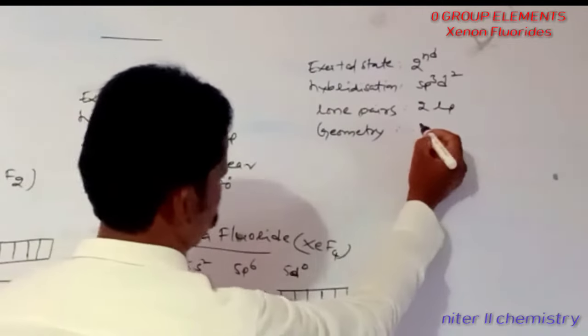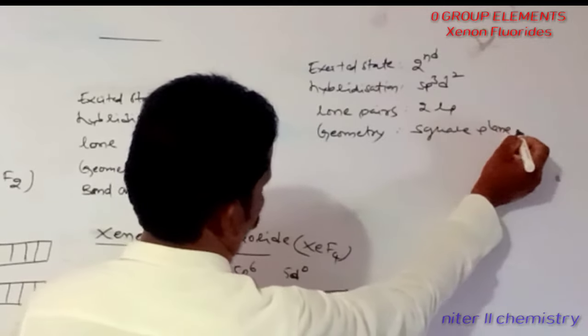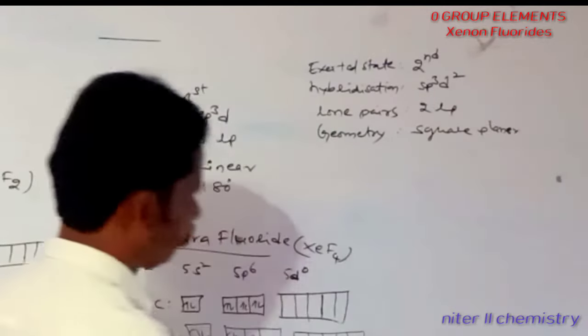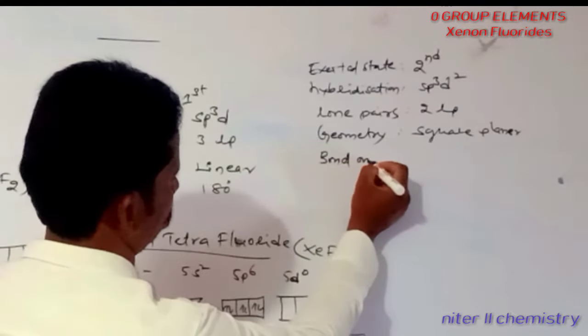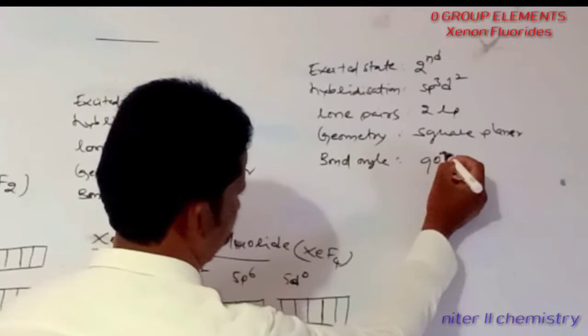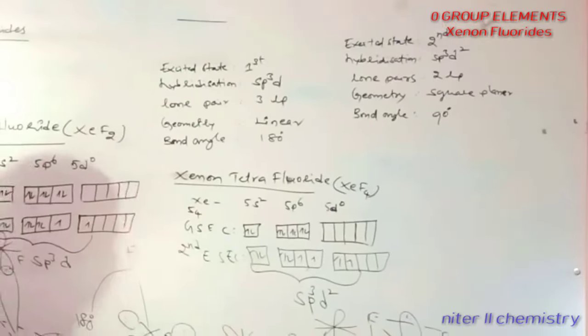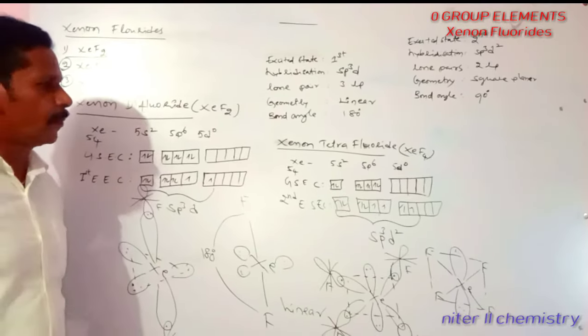Geometry is square planar. And the bond angle is 90 degrees only. So this is the conclusion of the geometry of the xenon tetrafluoride molecule.